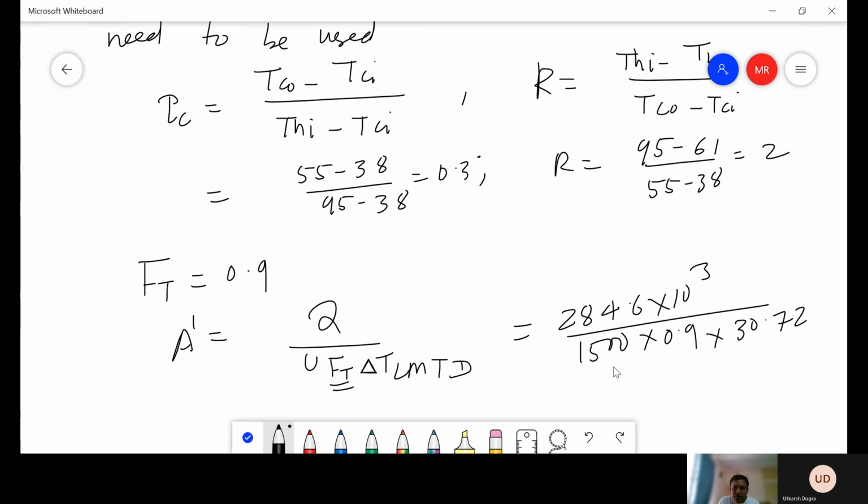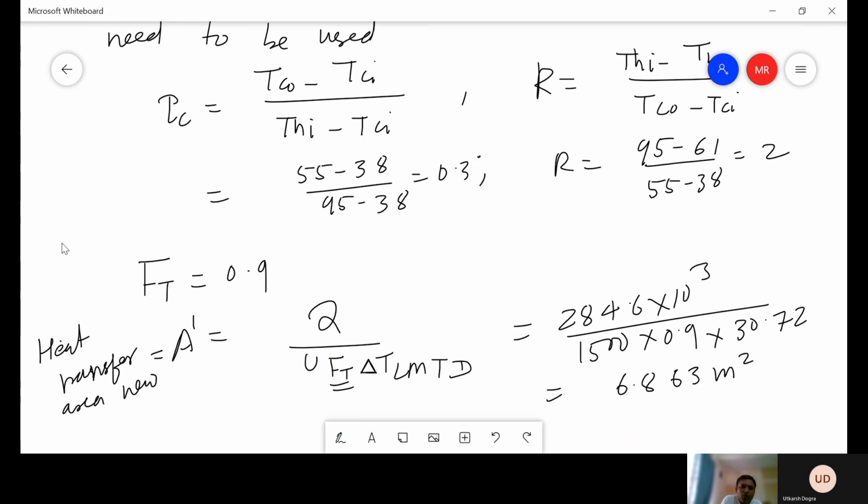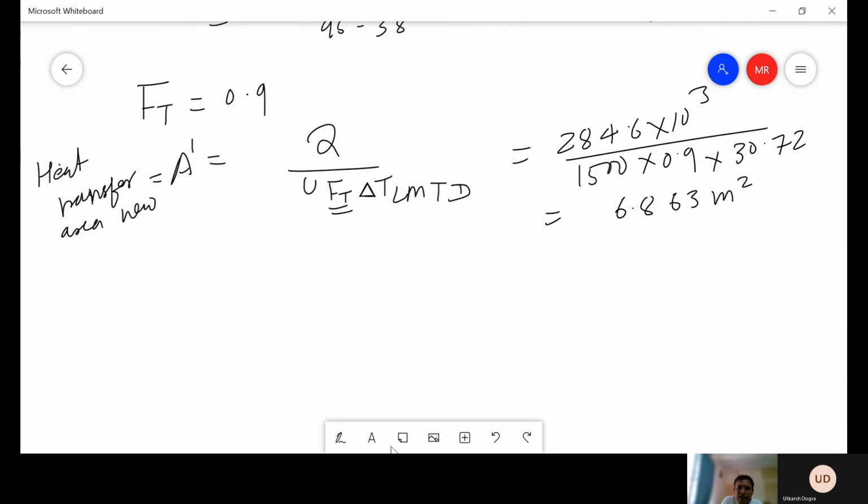So with this, the new heat transfer area comes out to be 6.863 meter square.